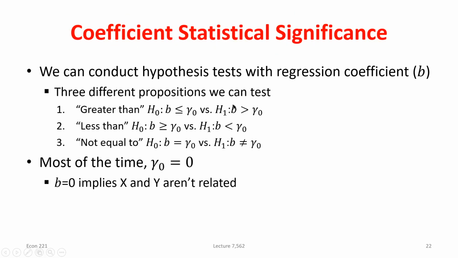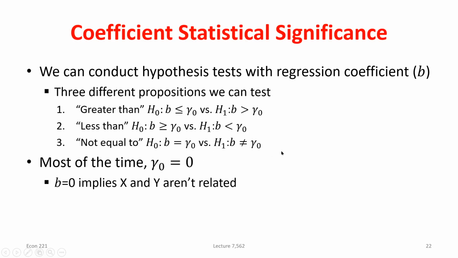I can say, is that coefficient greater than, and here I can use any value, but once again, what we're always going to use is this assumed true value of 0. Is that coefficient greater than 0, less than 0, or not equal to 0? Right-tailed, left-tailed, two-tailed test, okay?